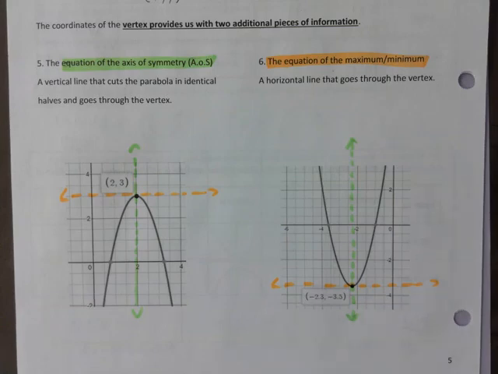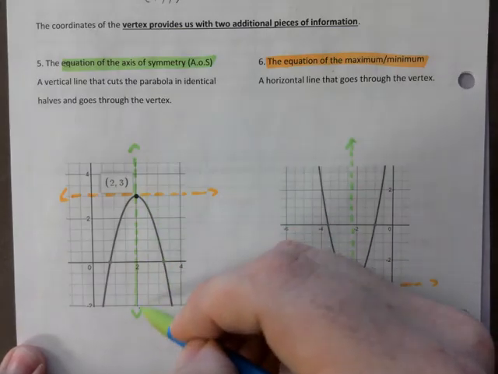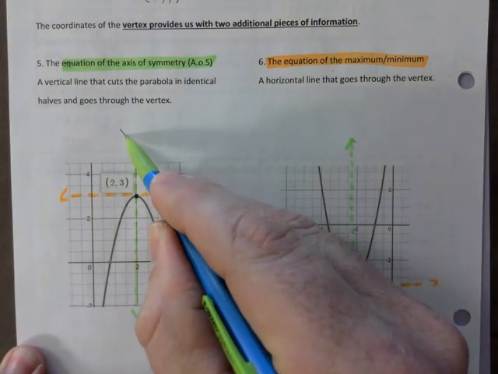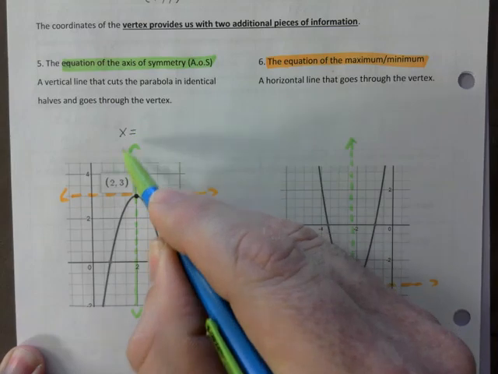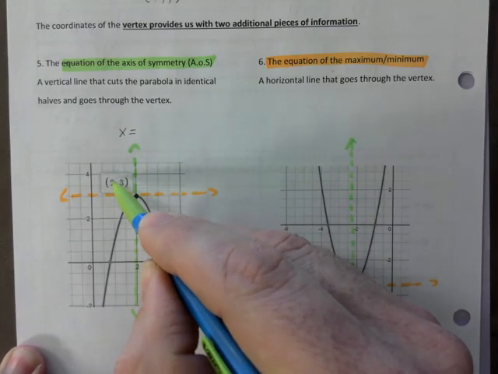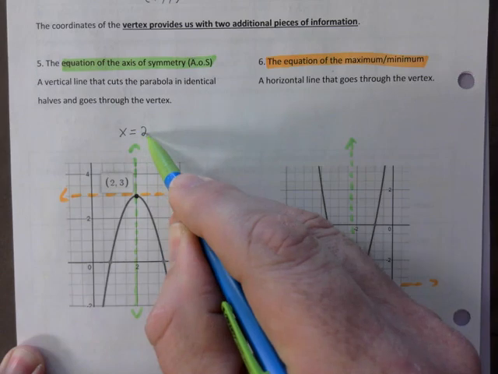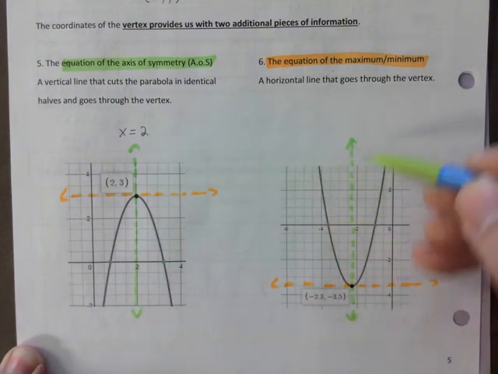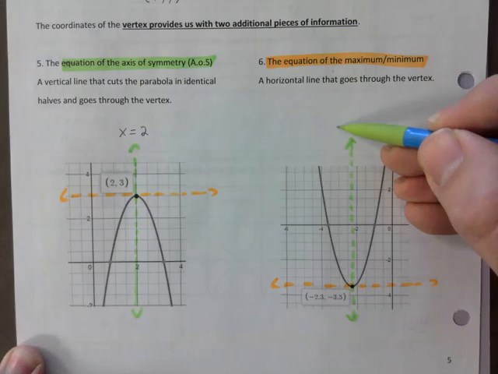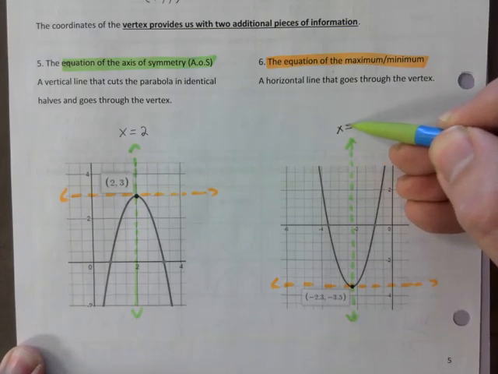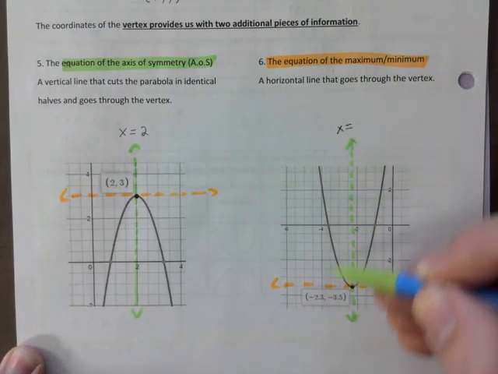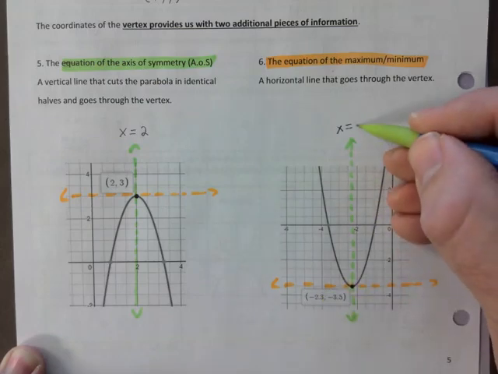So, visually is one thing, but I need you to actually state what it is. The equation of this line would be x is equal to, what's the x value at the vertex? 2, right? Let's go over to this one. The equation would be x is equal to negative 2.3, that's correct.